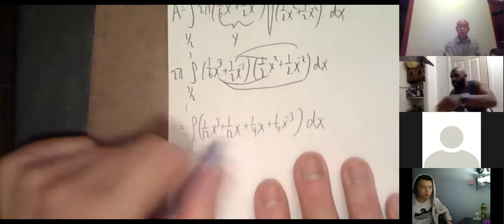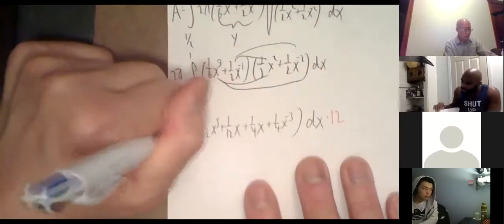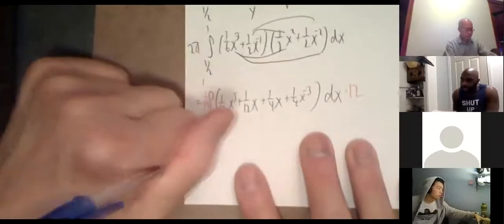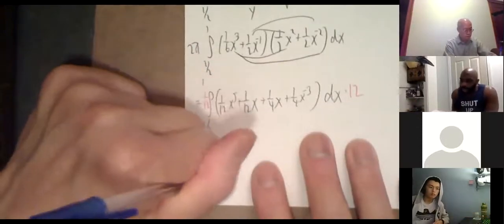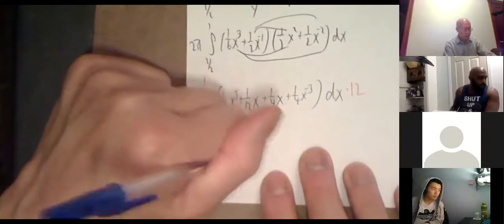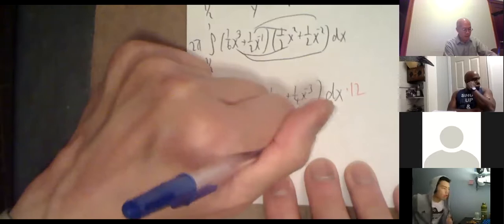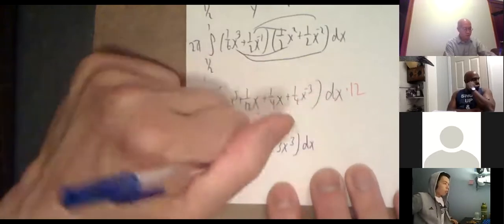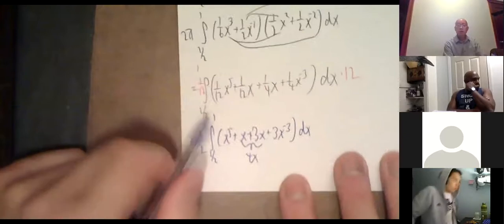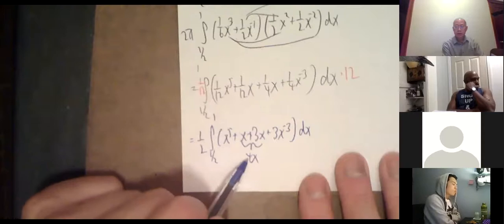Okay, when I get something that bad, I don't like all the fractions. So I will multiply inside by 12 and outside by 1/12. I can worry about the 1/12 later, just to make the inside look nice. So that becomes x to the 5th plus x plus 3x plus 3x to the -3rd. x to the 5th, x, 3x, so that's 4x.